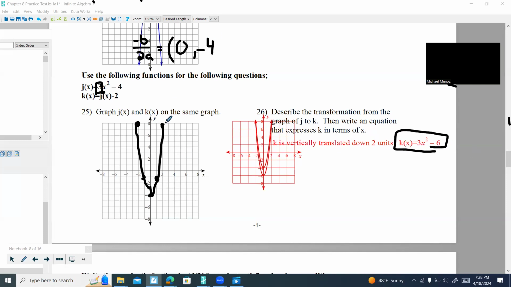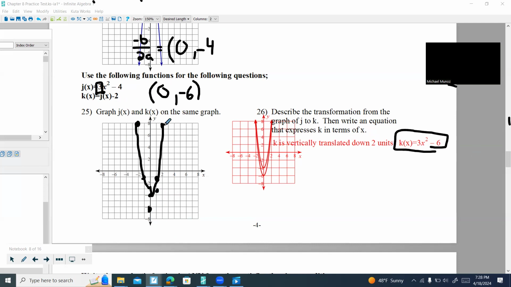And so it's going to be the same equation, but when we plug in our x, that's still going to be 0. This time it's going to be a minus 6 instead of a minus 4. So our vertex actually shifts down 2. And then again, we're still multiplying by 3. So if I go right 1, 1 times 3 is 3, so I'd go up 3.